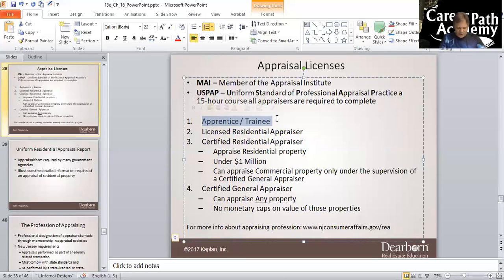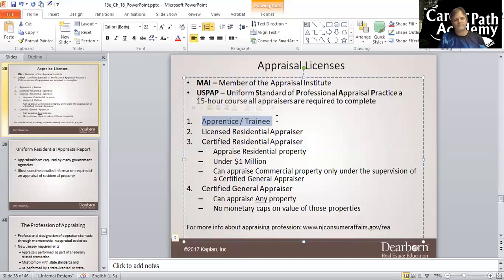In addition, another 300 hours of approved appraisal courses are required, and an apprenticeship of 3,000 hours, with at least half of that time being in non-residential property appraisals. And in any case, they all need to complete that national 15-hour USPAP course.